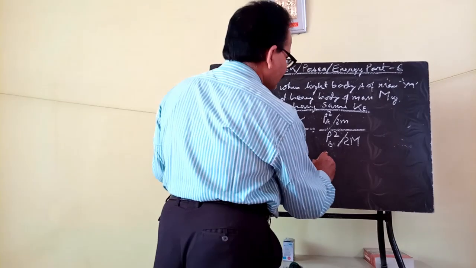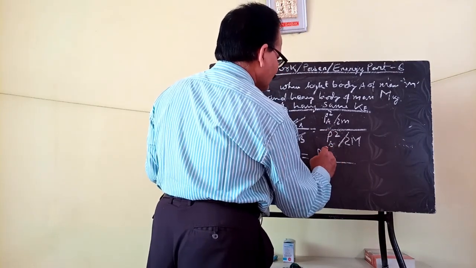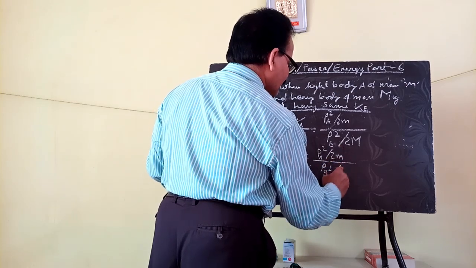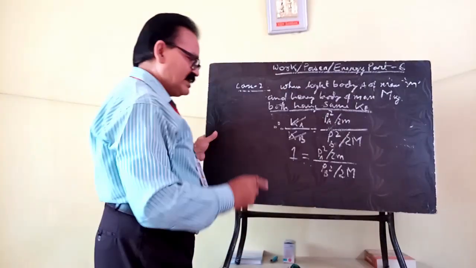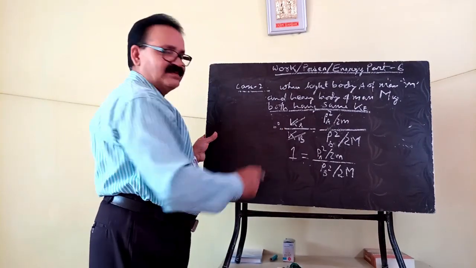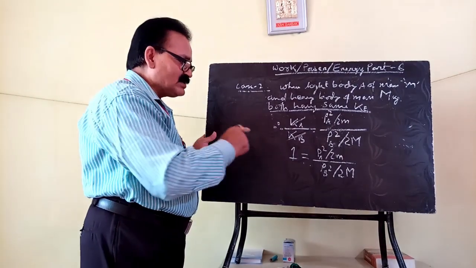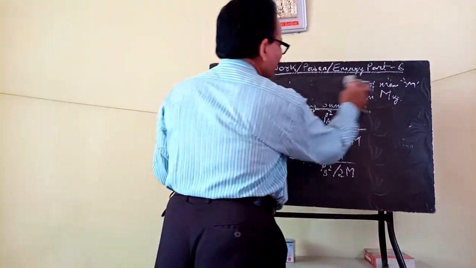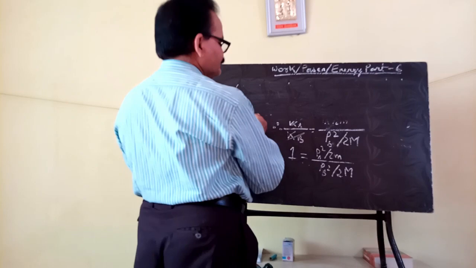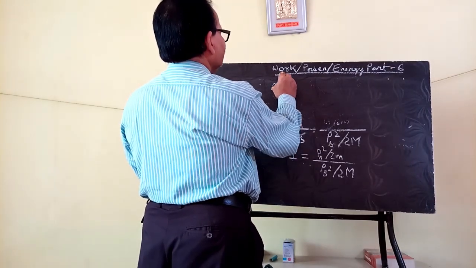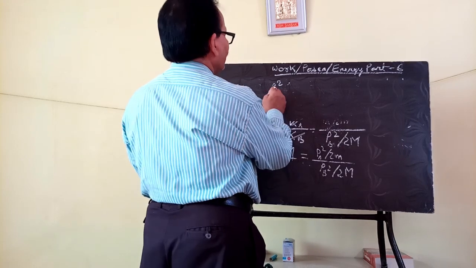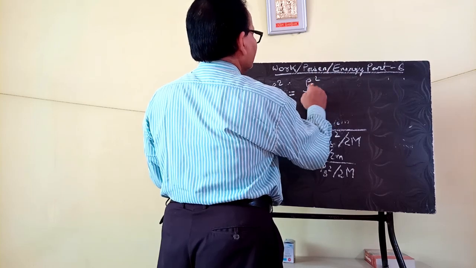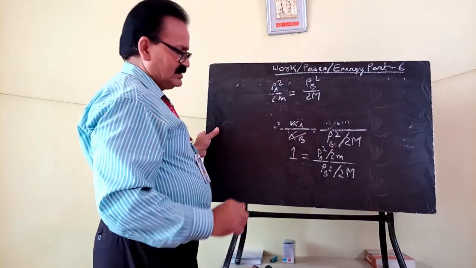Okay. And in the numerator, this is PA square by 2m. And this will be PB square by 2 capital M. And as we know that kinetic energy is same, but the momentum of both the bodies are not same. Then what can we write? After that, you can rewrite it as PA square by 2m must be equal to PB square by 2 capital M. Clear?